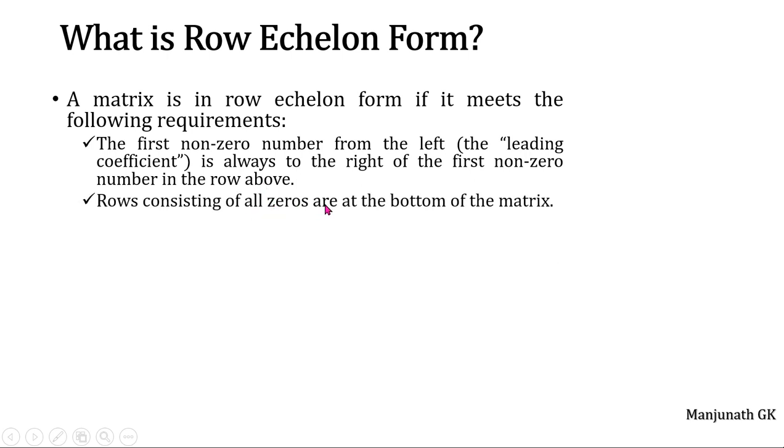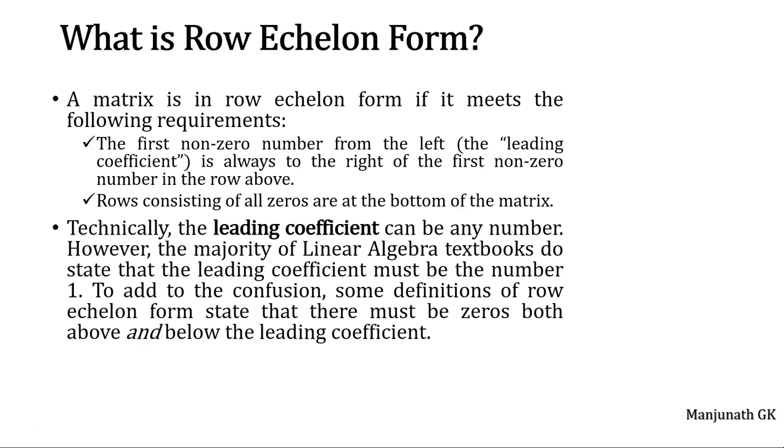Rows of all zeros are at the bottom of the matrix. Technically, the leading coefficient should be 1. In some books they say leading coefficients can also be other than 1. That is the definition, but here we maintain the leading coefficient as 1 only.